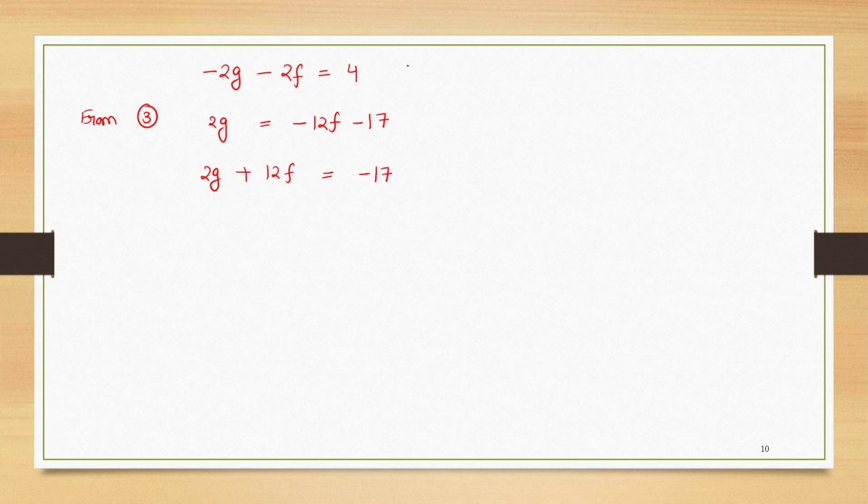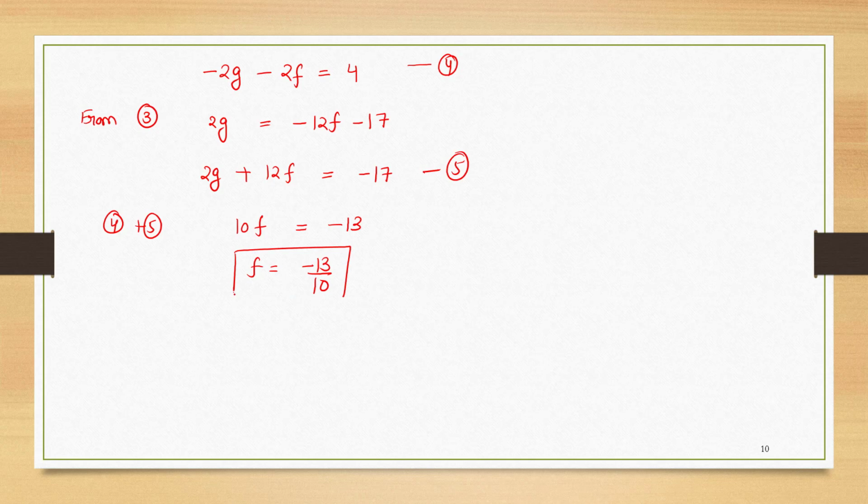Now let's add these two equations, equation 4 and equation 5. Adding, minus 2g plus 2g cancels, minus 2f plus 12f we get 10f is equal to 4 minus 17, that is minus 13. So f is minus 13 by 10.